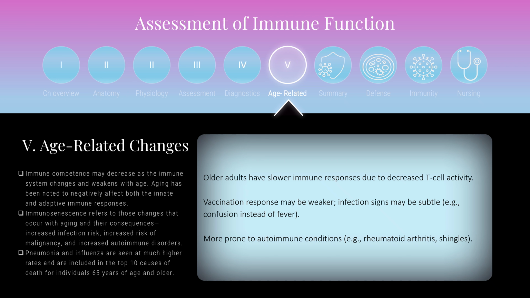Immunosenescence refers to those changes that occur with aging and their consequences: increased infection risk, increased risk of malignancy, and increased autoimmune disorders. Pneumonia and influenza are seen at much higher rates and are included in the top 10 causes of death for individuals 65 years of age and older. So as you see, they have slower immune responses.